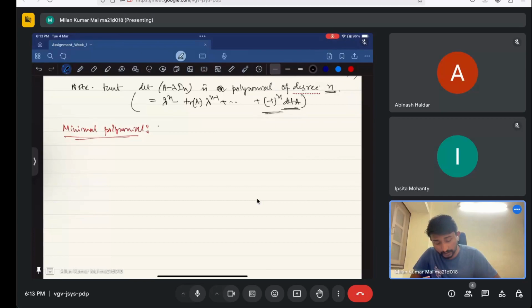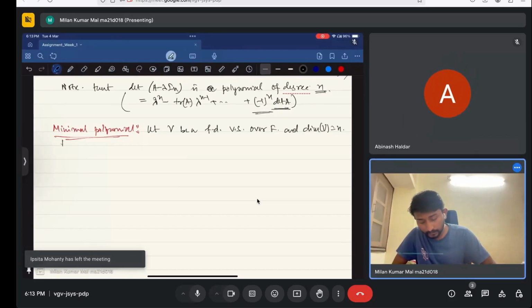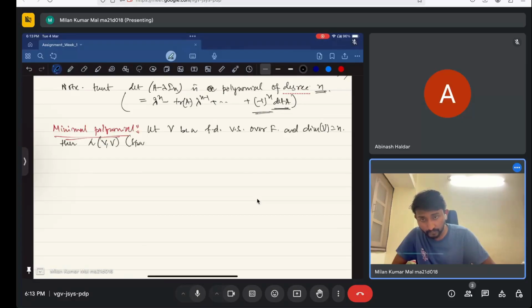As we know, let V be a finite dimensional vector space over a field F, and the dimension of V is equal to n. Then L(V), that is the space of all linear operators on V, is of dimension n square, right?